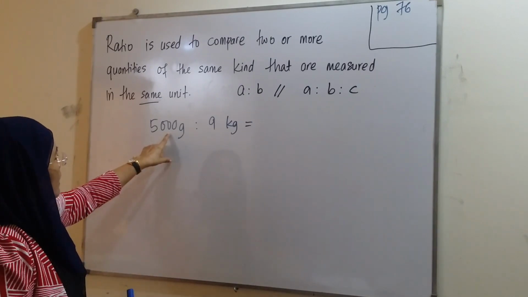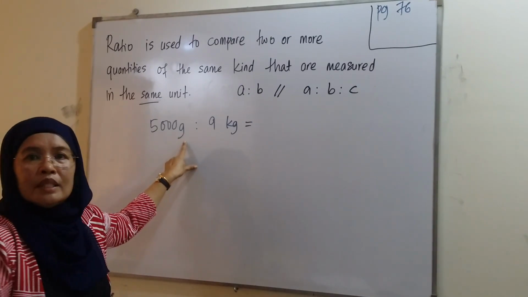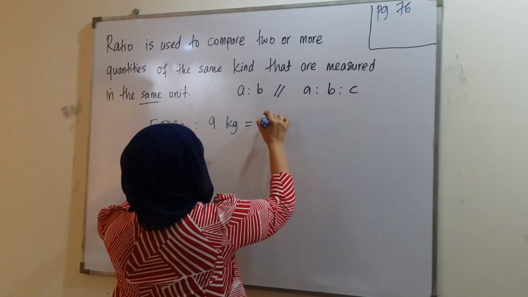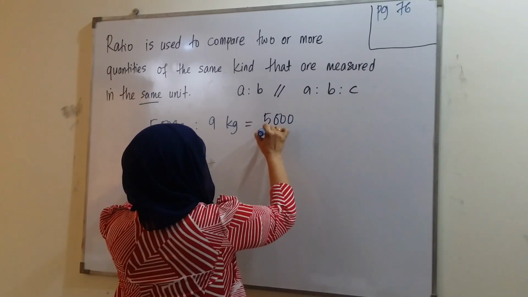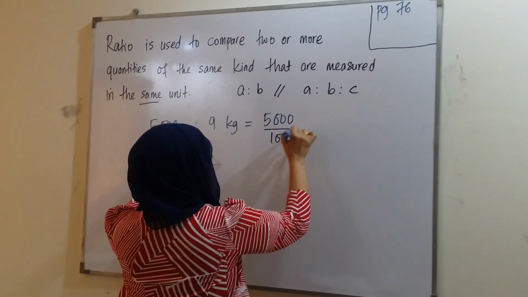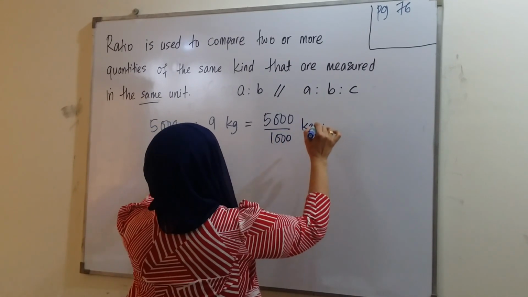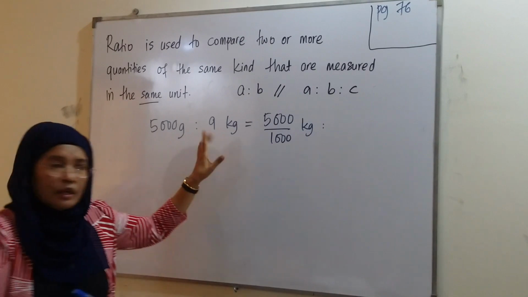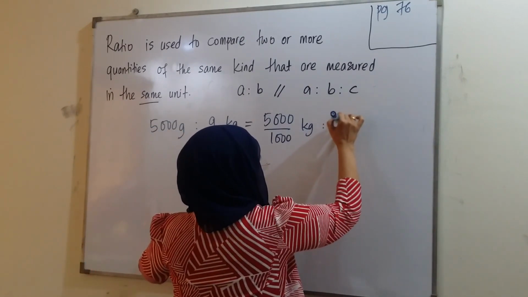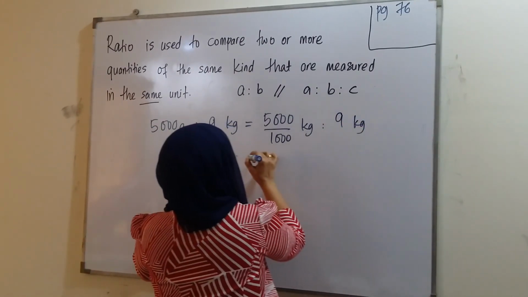So 5,000 gram, how many kg? To change to kg, we have to divide by 1,000. This one is already in kg, so no need to do anything, just write 9 kg.